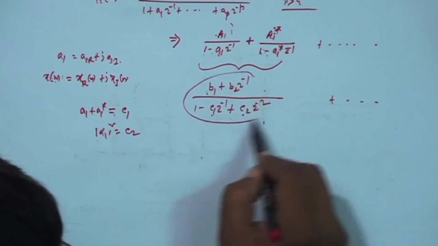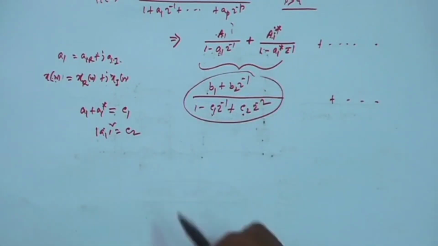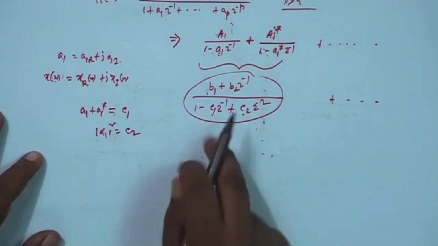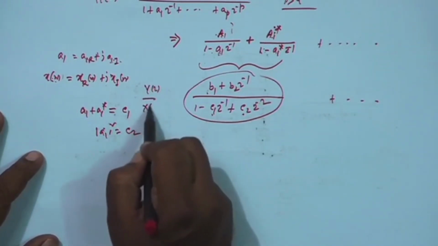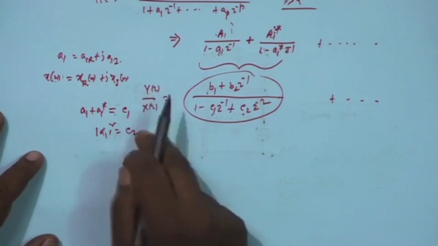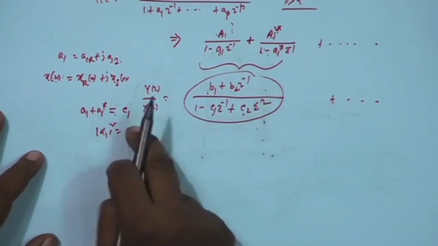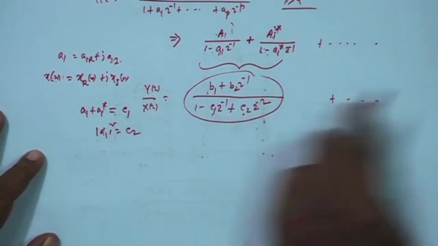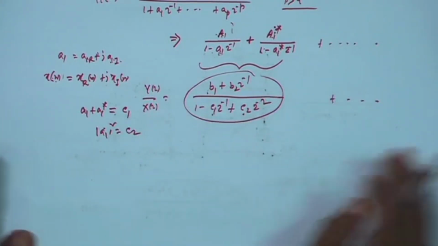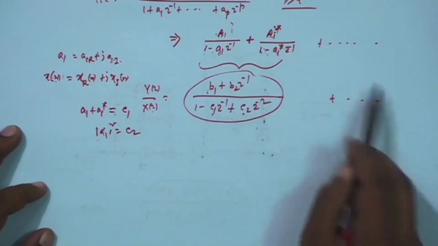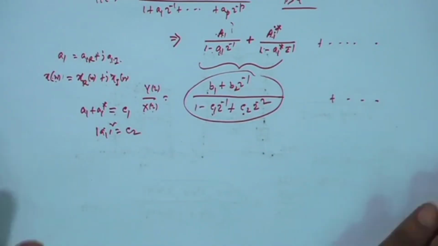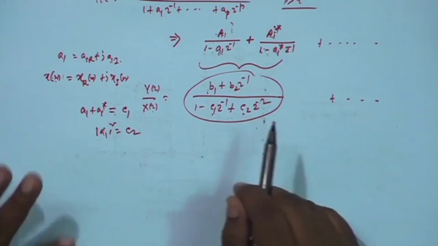So, this part plus other terms, if you add them, is equal to Y(z) by X(z). So, what is Y(z)? X(z) into this, plus again X(z) into the next term, X(z) into the next term, all are partial fractions. Carry out these products and then add the outputs.